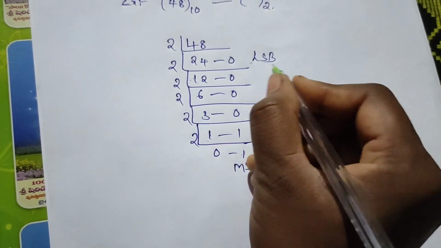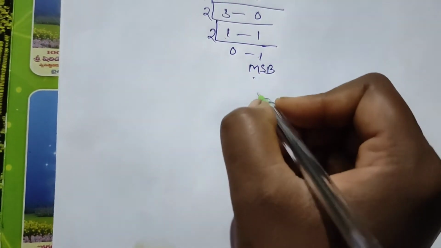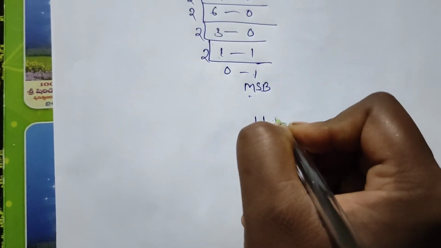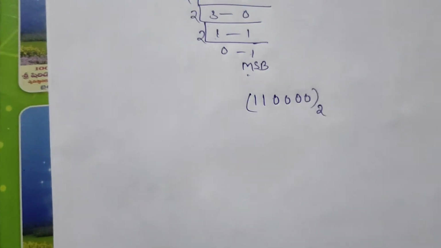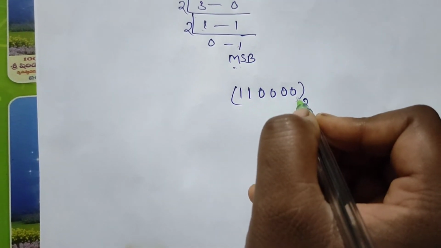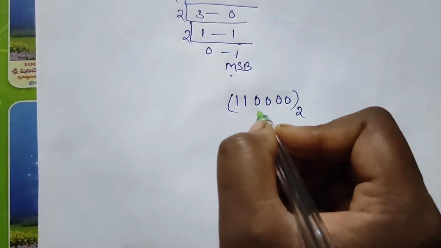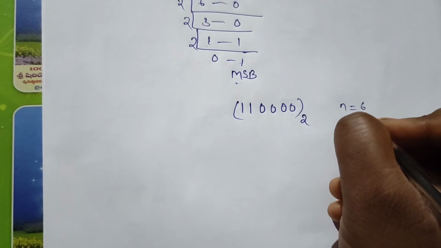Now note down these binary values from MSB to LSB. So 48 binary representation is 110000. So a decimal value is converted into binary form in this way.